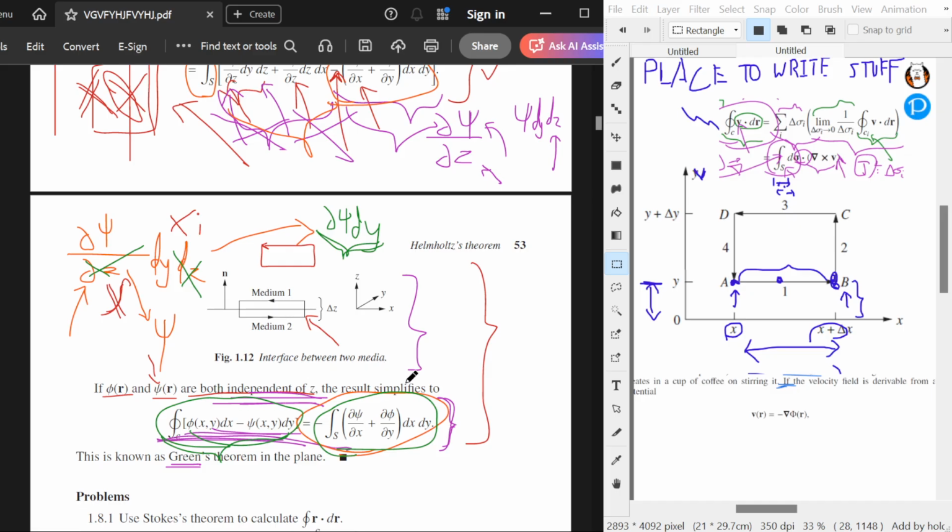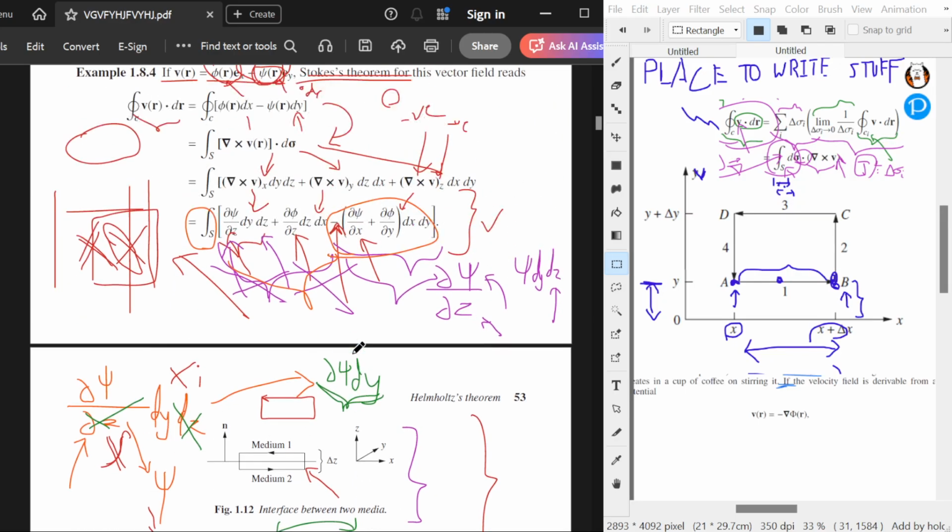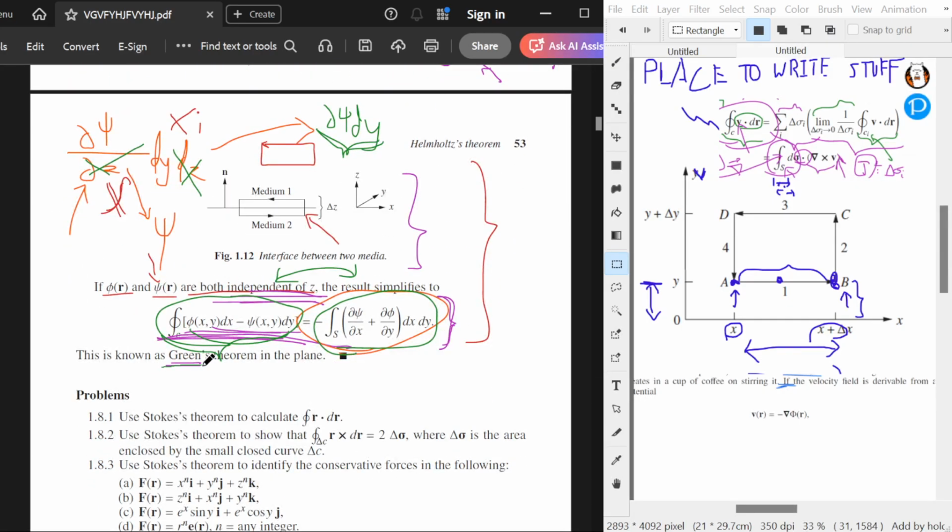Is this just Stokes' theorem? I assume not because they're calling it Green's theorem, so it can't be Stokes' theorem, unless they literally have the exact same theorem.